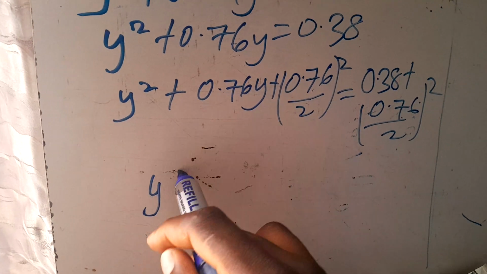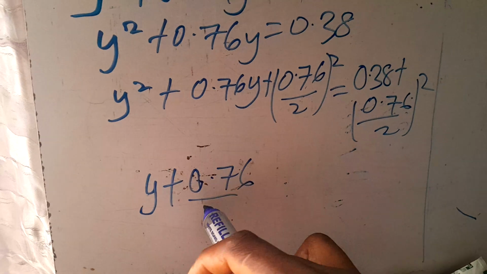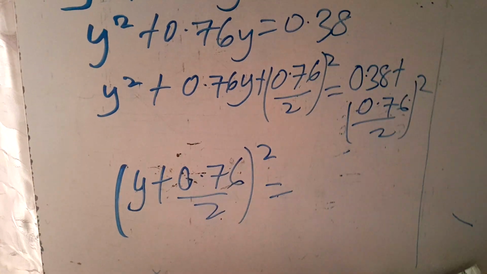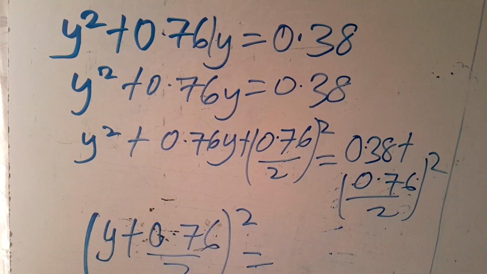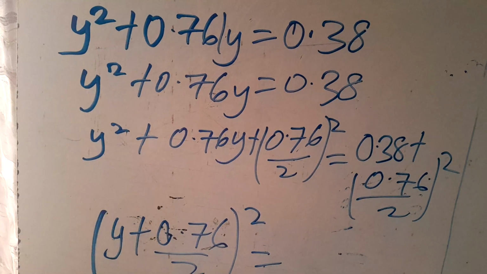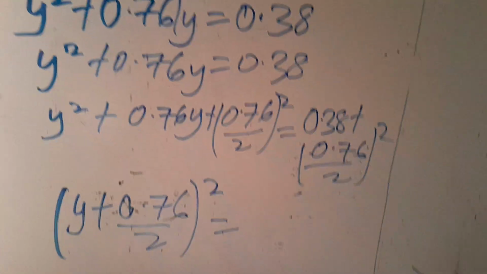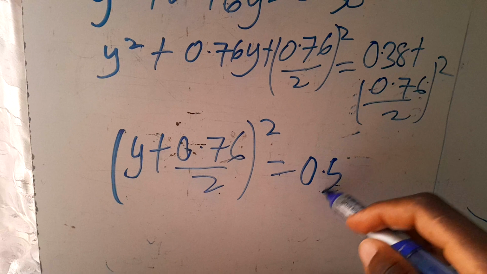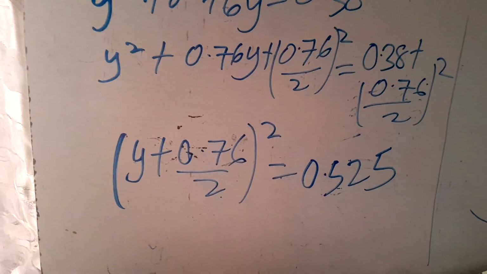We will now have y plus 0.76 divided by 2, and then this is a complete square. When we solve the right hand side, we will have our answer to be 0.525. Now that is our right hand side.